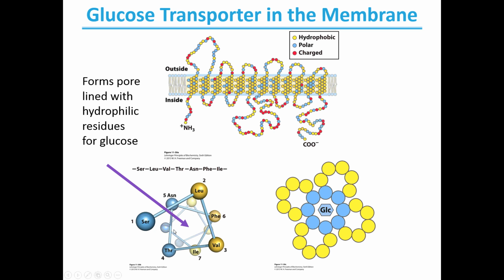That pore is going to be lined with polar residues. So the glucose that this transporter is designed for has the appropriate size pore with polar residues for the glucose to interact. All of this is protected on the inside of an alpha helix that is surrounded by hydrophobic residues to interact with the hydrophobic fatty acids of the membrane.